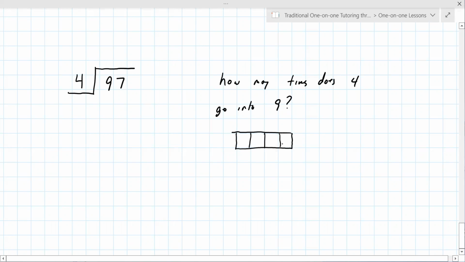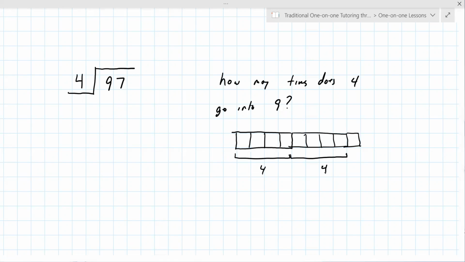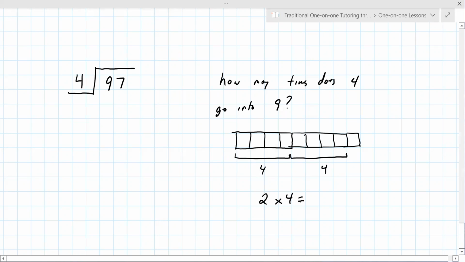There's 4 blocks, and then there's another 4 blocks, and then there's 9. So this is 4, and this is 4. And I'm really asking you, how many 4s do you have? How many 4s do you see, Michael? 2. There's 2 4s. And 2 times 4, what does that equal? 8.